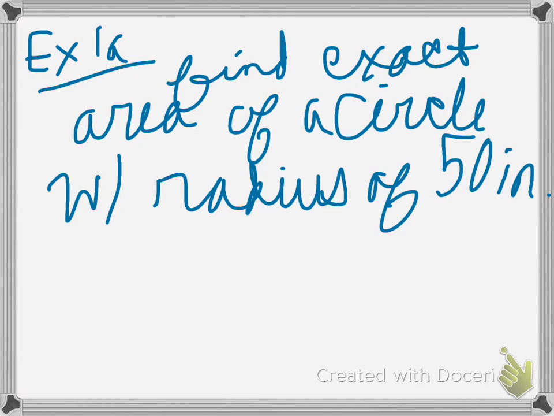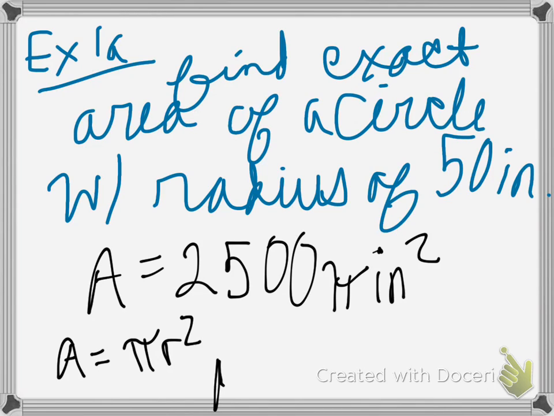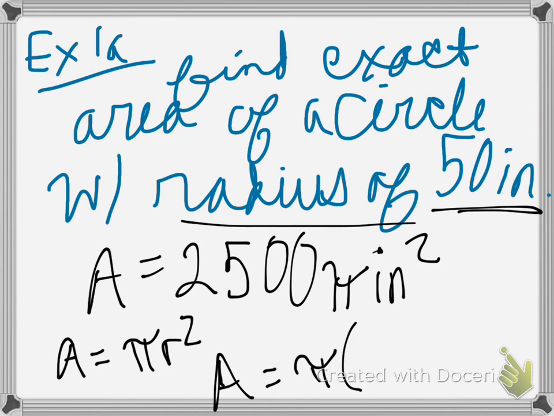Okay, so you should have found that your area equals 2,500 pi inches squared. You should have written out, as your work, area equals pi r squared. All you have to do is plug that in. So area equals pi, you know your radius, right? Radius of 50, you plug that in for r.